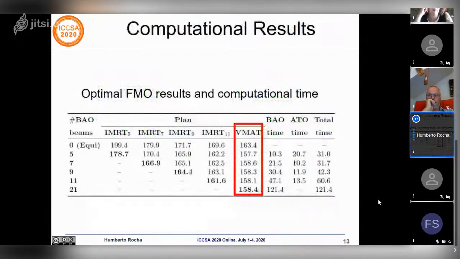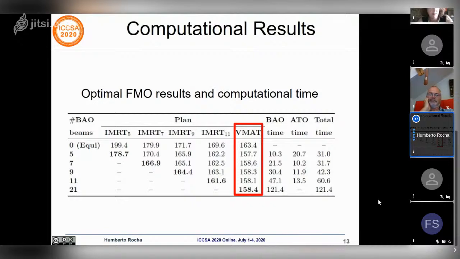In our tests, we consider 5, 7, 9, 11, and 21 points in the first step. And in this table, we have the results in terms of optimal value of the fluence map optimization problem for step and shoot, IMRT, and for the goal of this paper for rotational therapy, VMAT.